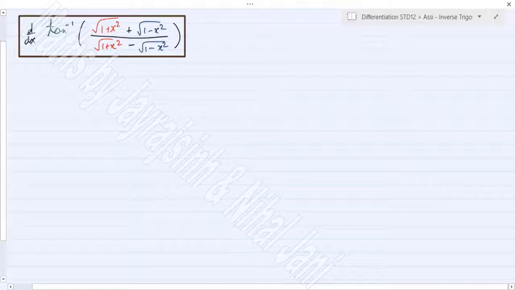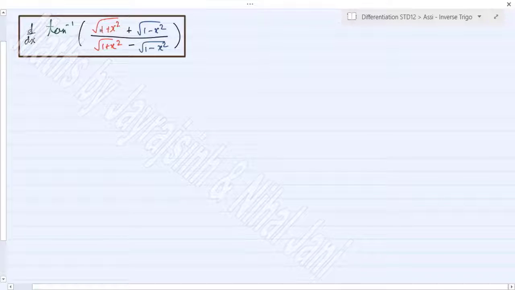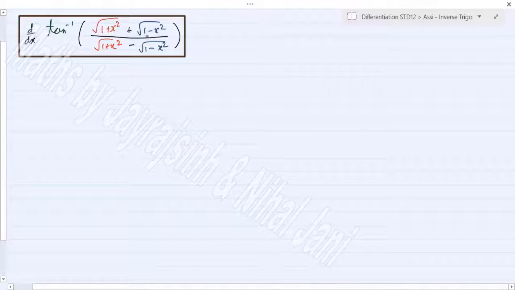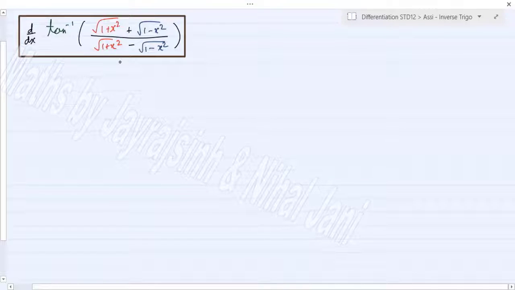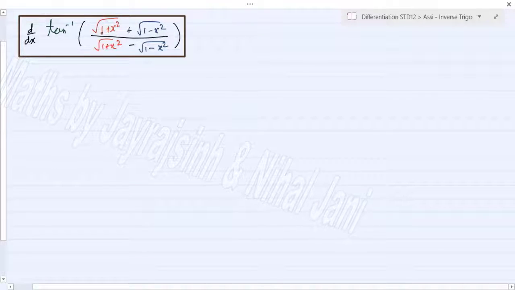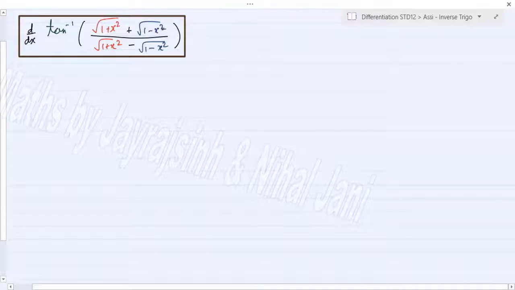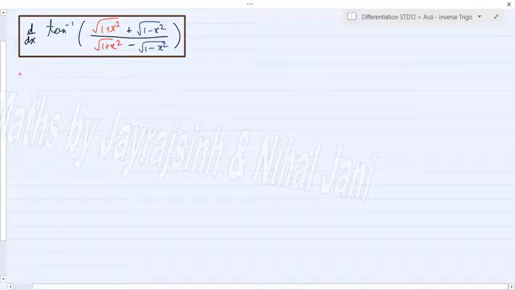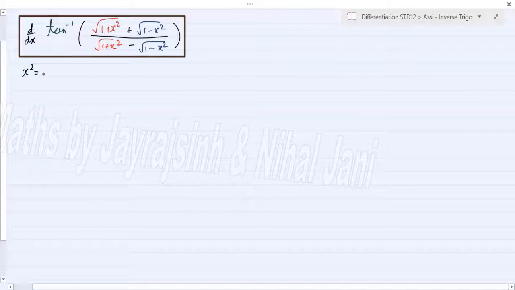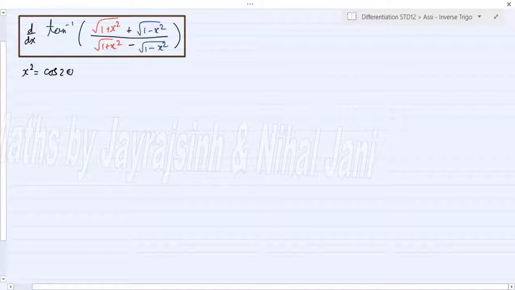Here we have to differentiate tan inverse of (under root of 1 plus x square plus under root of 1 minus x square) upon (under root of 1 plus x square minus under root of 1 minus x square). Here we have under root of 1 plus x square and 1 minus x square, so it is preferable that we assume x square is equal to cos 2 theta.